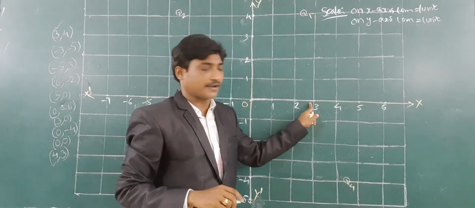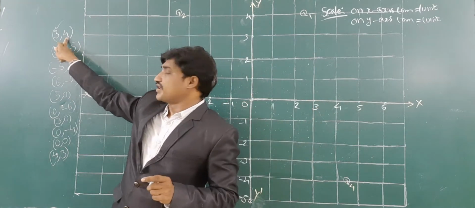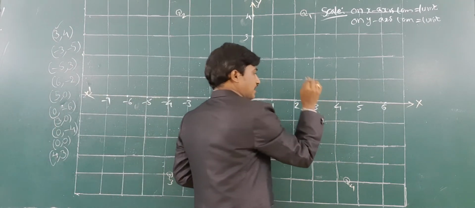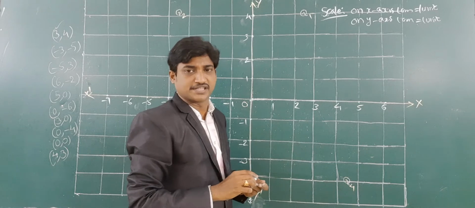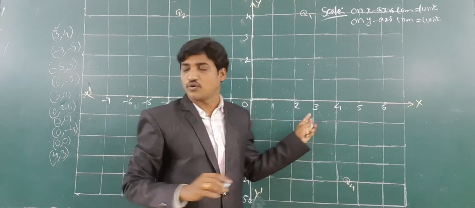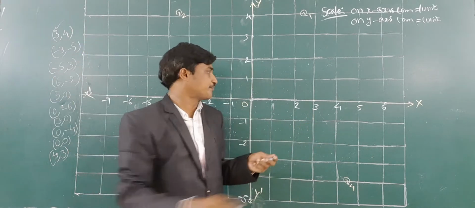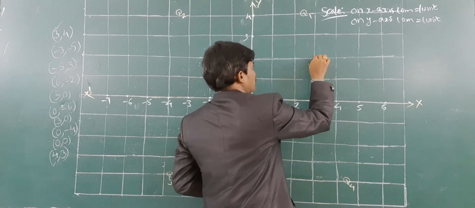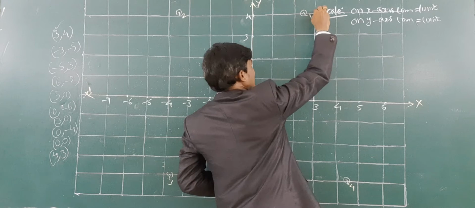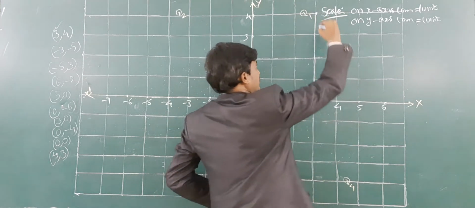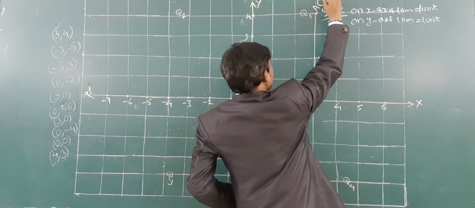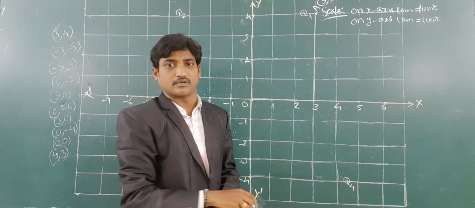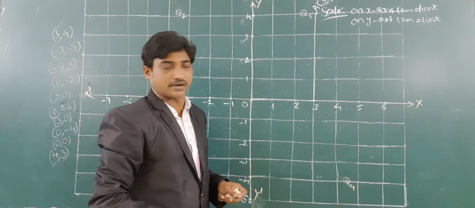From that point, the y coordinate is 4 units. Move vertically to a distance of 4 units. As the y coordinate 4 is positive, move upward 1, 2, 3, 4. Here is the point A (3, 4). The point (3, 4) is plotted.